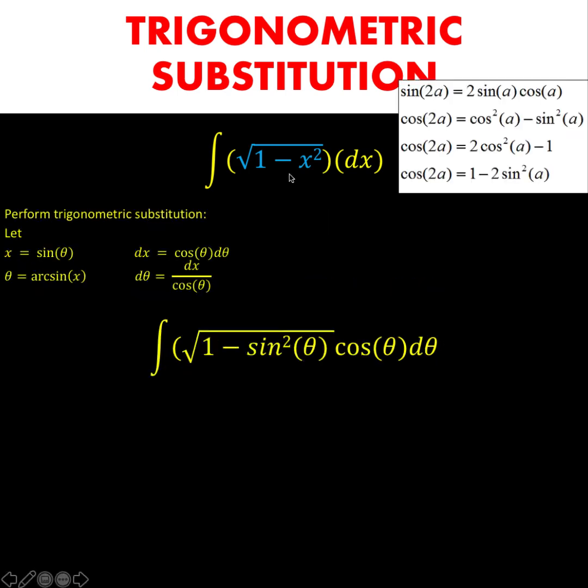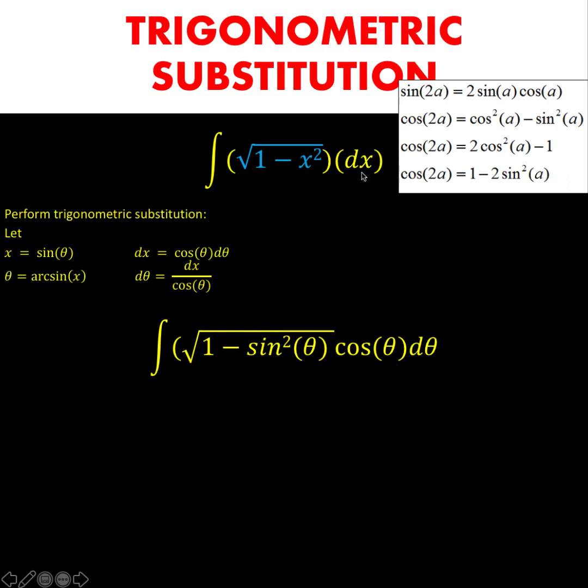So let's begin. Because of our substitution for x equals sine theta, instead of x squared, we now substitute sine squared theta, because x is equal to sine theta. Then we have this expression for dx. dx is equal to cosine theta d theta.